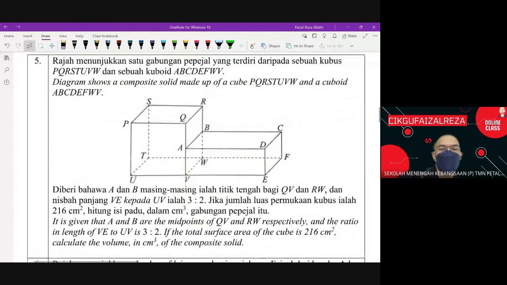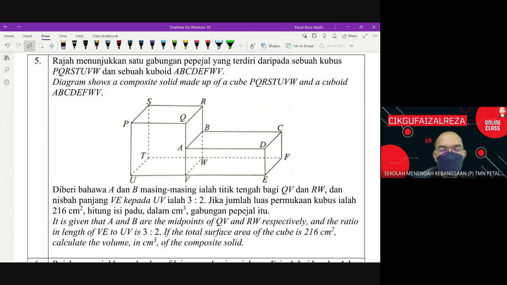Okay, for question number 5 here. The diagram shows a composite solid made up of a cube PQRSTUVW, the big one on the left side, and a cuboid A, B, C, D, E, F. It is given that A and B are the midpoints of QV and RW.